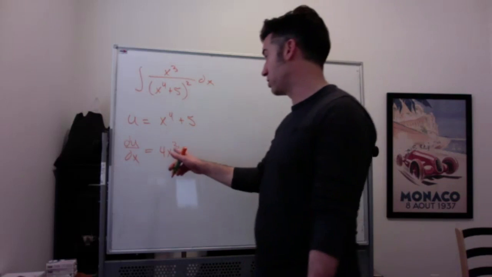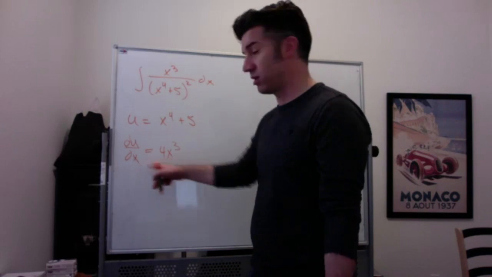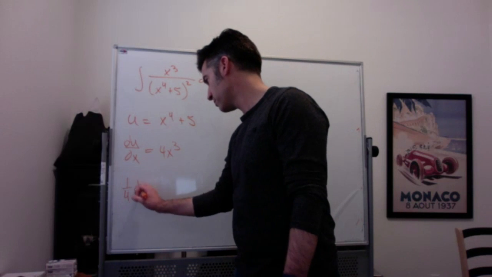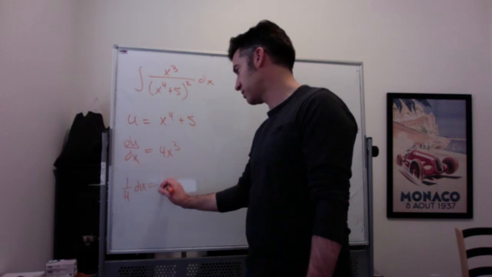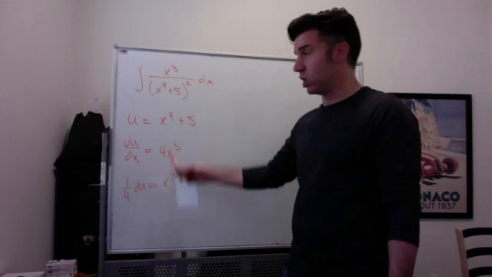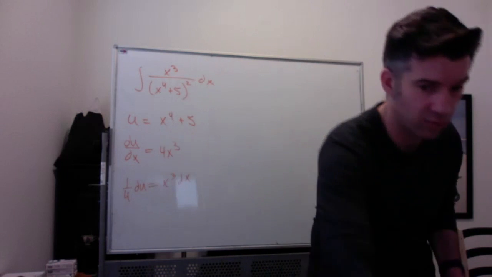I personally am going to isolate the x cubed over here and bring the dx over. So I'm going to divide both sides by 4 and multiply both sides by dx, so that I can make the right side of this look like what I actually have in my integral.